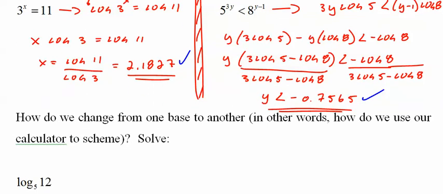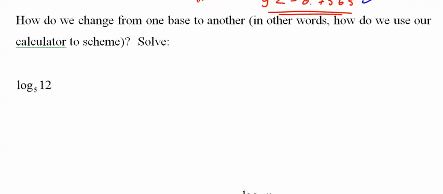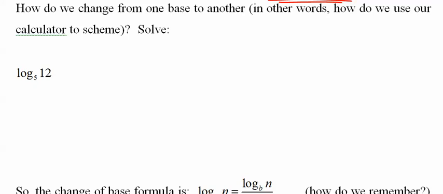Now this is a change of base formula, which I always laugh at because people want a formula. But what we're saying is that your calculator is log base 10 and natural log sitting there. So how do we use those to solve something with a different log? I believe it's going to be log base 12, and it's missing, so it's a 10, over log base 5. Let's prove it. If we were to solve this, I'd say make it equal to x, and then rewrite it with BOI, 5 to the x equals 12.